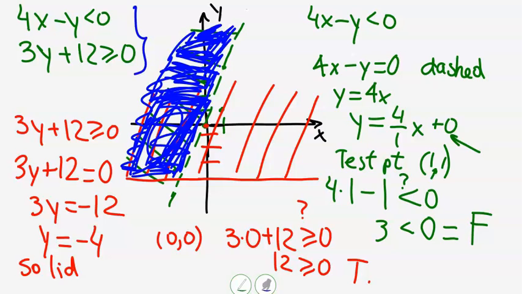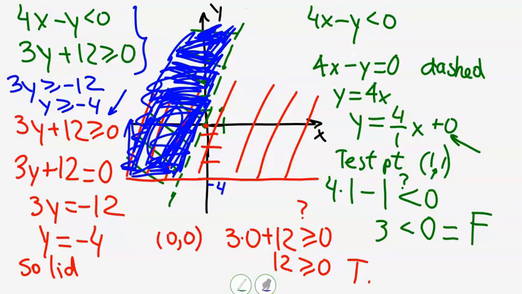And again, when we look at this inequality, we can use a shortcut. Can we just solve it from here for y? We will get that 3y is greater or equal to -12 and y is greater or equal to -4, which means that we need all y's which are greater than -4, which means we would go up from -4.